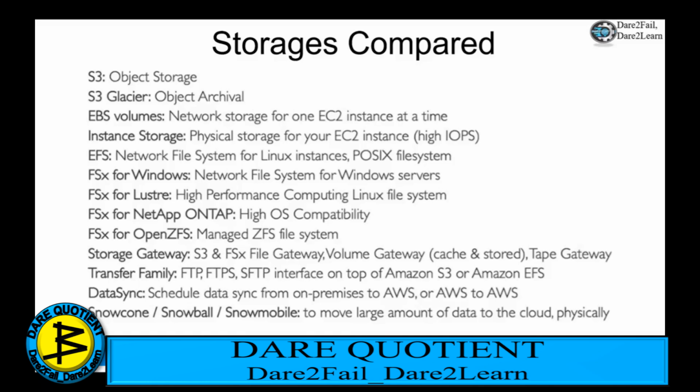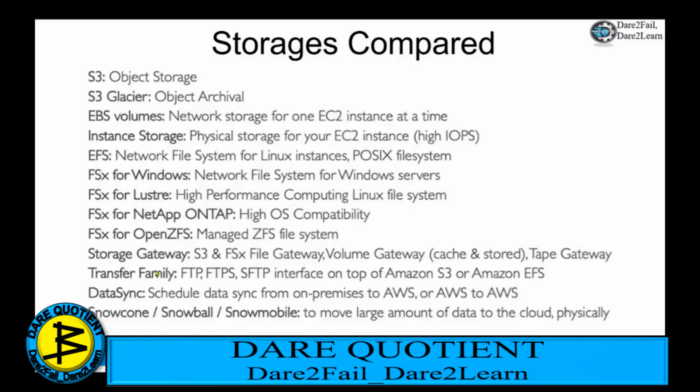So the S3 File Gateway is used to access your application servers, and it moves that to the S3 bucket. And remember, all these gateway types transfer your files from your on-prem to the cloud using the HTTPS protocol.